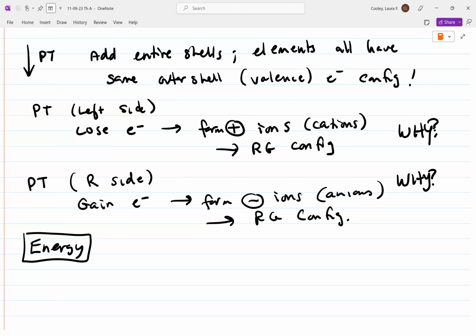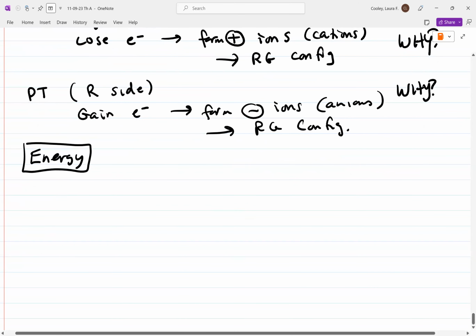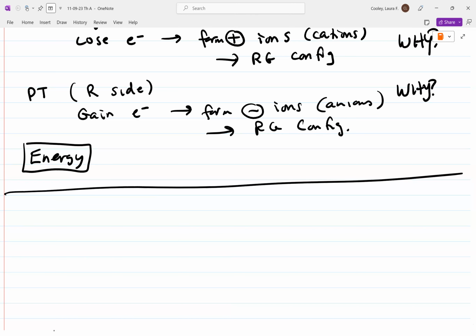We're going to be talking about these because they really help us understand why elements on the left of the periodic table lose electrons while elements on the right side gain electrons, and what that has to do with energy. So there are a couple of quantities that we're going to be talking about for a little while, and I want to just tell you a little bit about what they are.